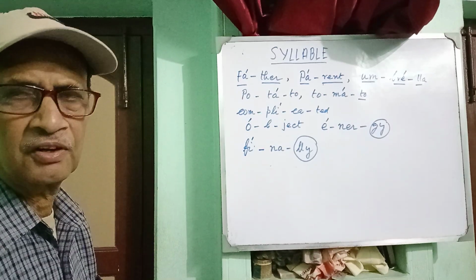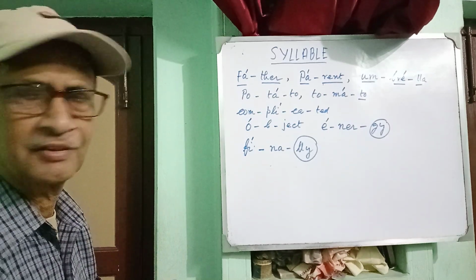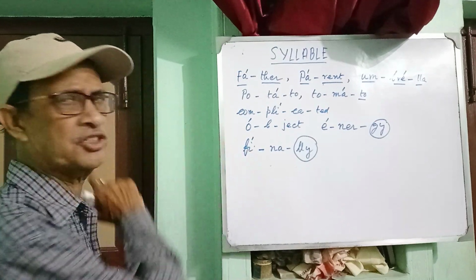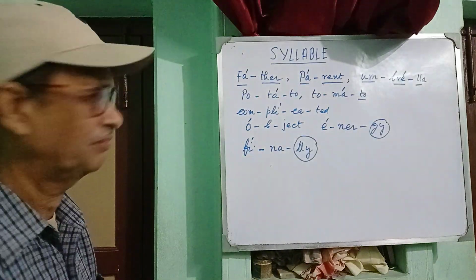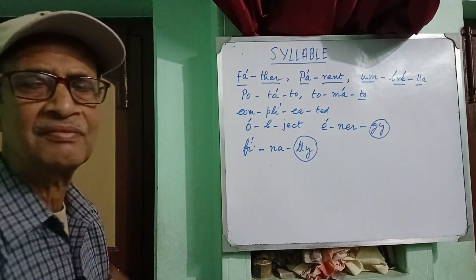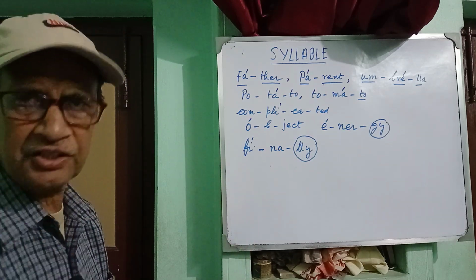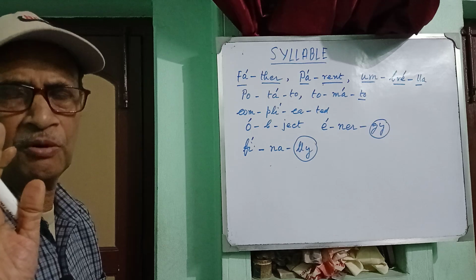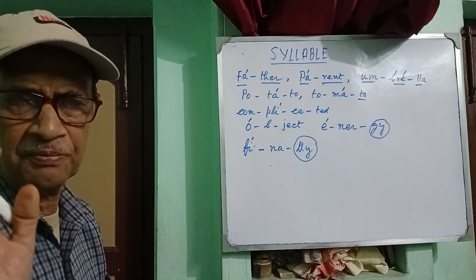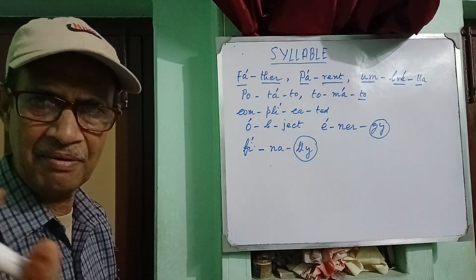Finally. So, fi has been stressed. It is a vowel sound. And nally has been unstressed and it is almost inarticulate or unpronounced. Remember it.